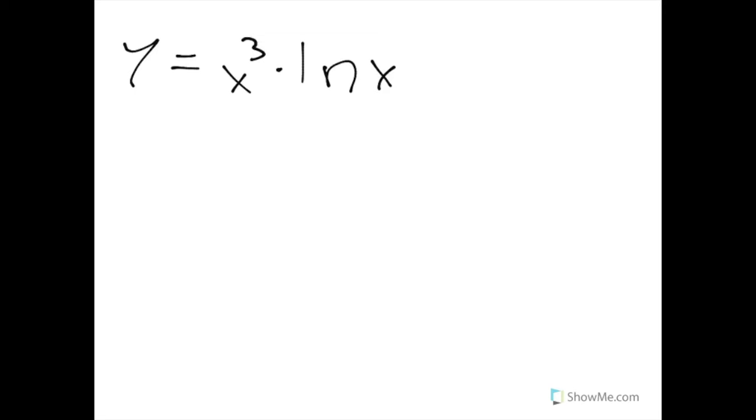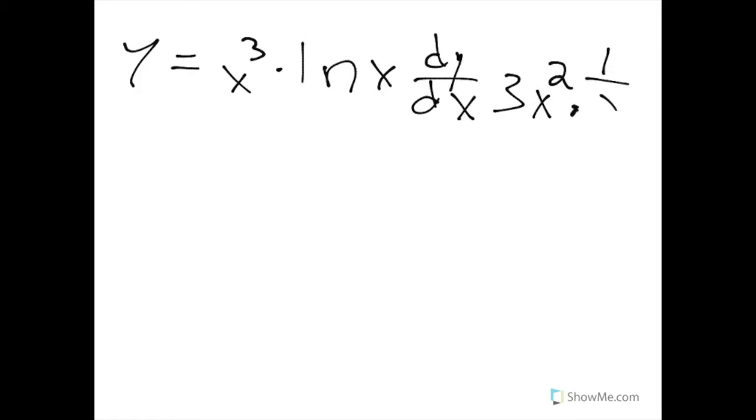So now, we might all be tempted to say the derivative of this is equal to 3x squared times 1 over x. But don't do that. Ms. Ricketts won't be happy with you.